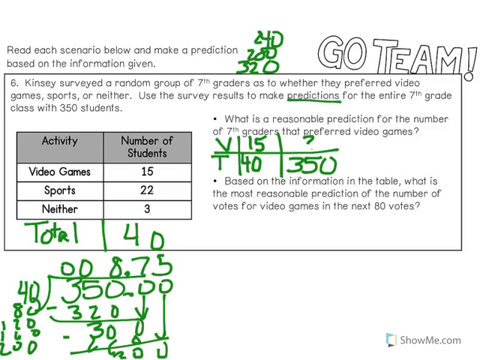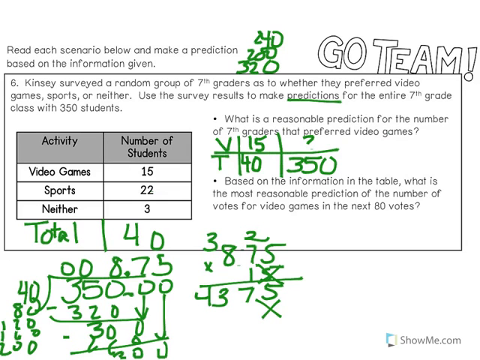So I need to multiply that by 15 to get my prediction. So I multiply by 15. That gives 131.25.